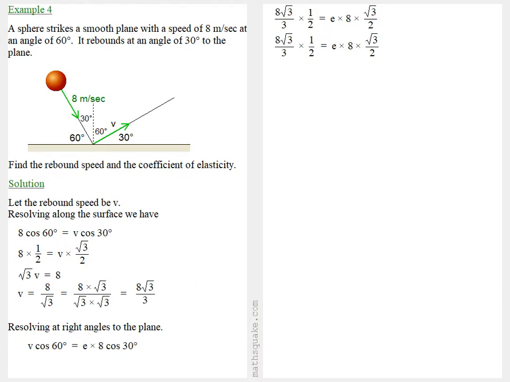Now we can cancel the 8 on both sides, we can cancel the root 3 on both sides, and we can cancel on the bottom the 2's. So that gives us e is equal to 1/3. So v is equal to 8 root 3 over 3, and e is equal to 1/3.